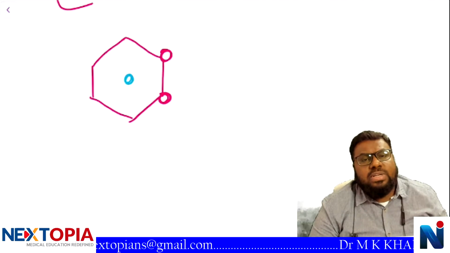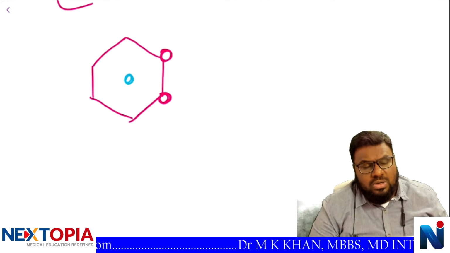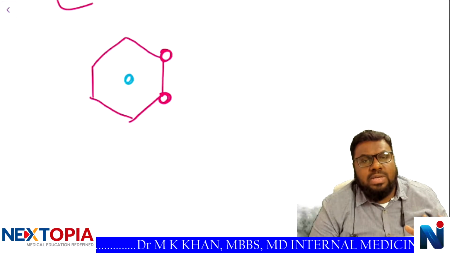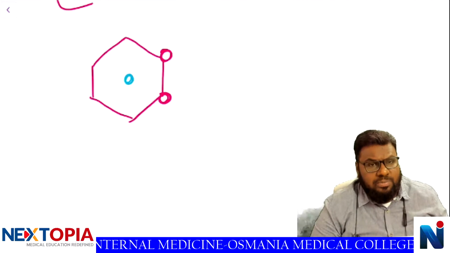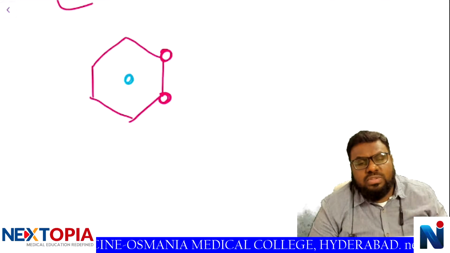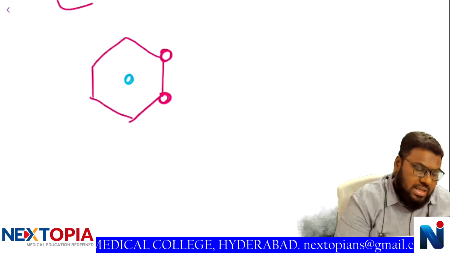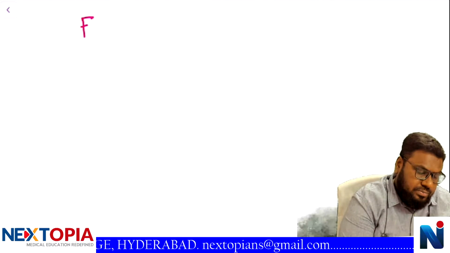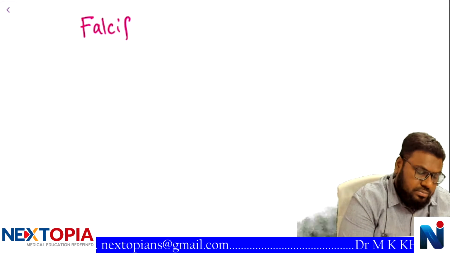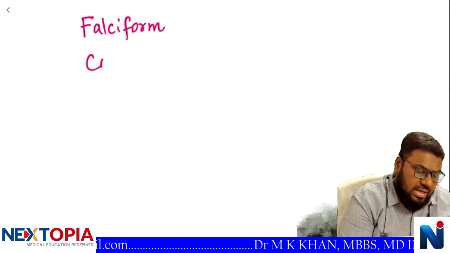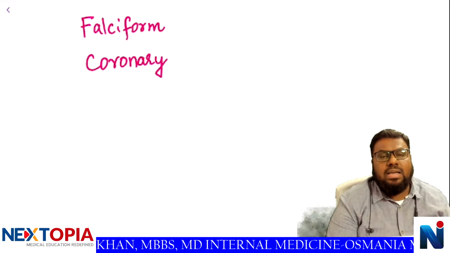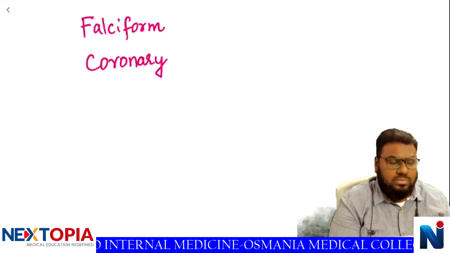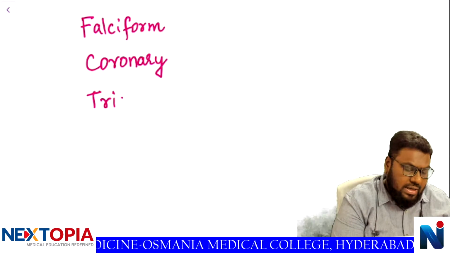The formation of peritoneal folds in the liver from the septum transversum helps us form attachments to the lesser omentum and greater omentum. So the ligaments of the liver are formed. We have the falciform ligament of the liver, the coronary ligament of the liver, and then the triangular ligament of the liver.